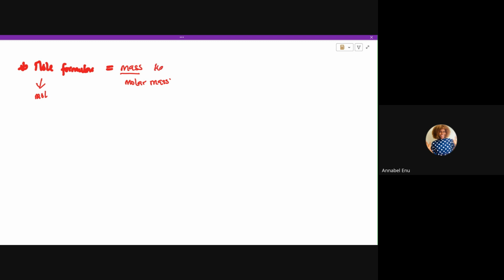It can also be gram, but kilogram is the standard unit. And then molar mass is kilogram per mole. So when kilogram cancels kilogram, we just have the mole. That's why the unit for mole is mole. The short form of writing this is n equals small m divided by capital M.